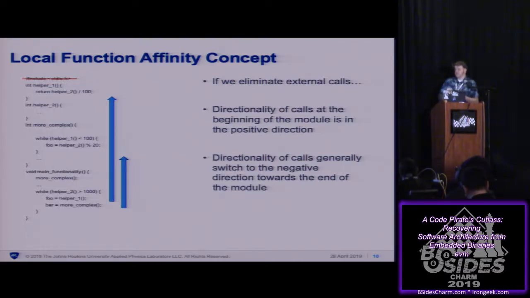That's for a particular function, the functions that it's calling. If we also look at the reverse, any functions that call a particular function, that same relationship is going to hold. It's going to be called by functions in the positive direction, and then that's going to switch over to the negative direction.